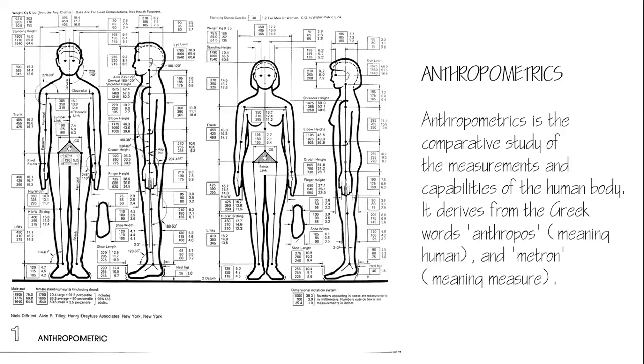As you can see in the slide, there are many measurements: from the hip to the joints, the shoulder width, the standing height, shoulder height, elbow height, crotch height, finger height.